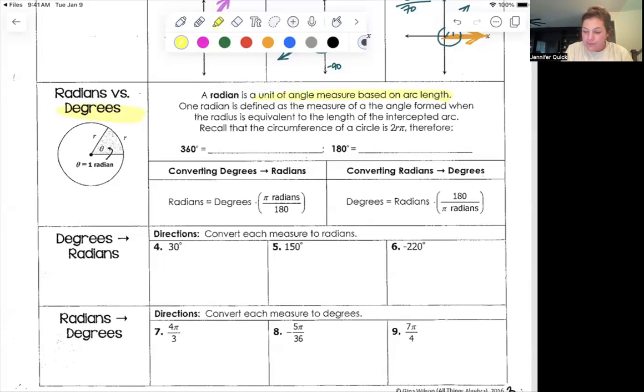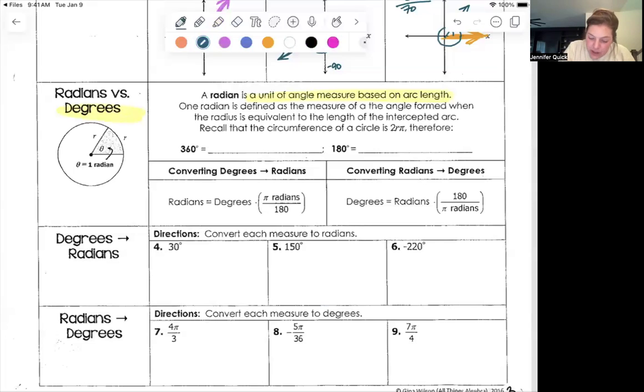Now, we talked at the very beginning of this lesson about how the central angle and its arc are related. So 1 radian is defined as the measure of the angle formed when the radius is equivalent to the length of the intercepted arc. How exciting.